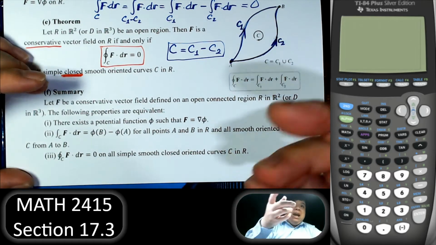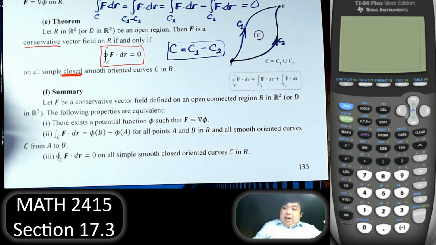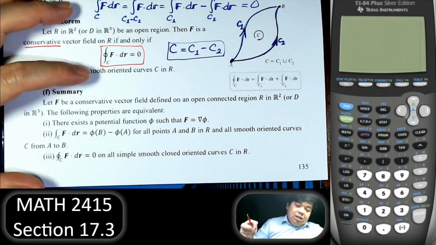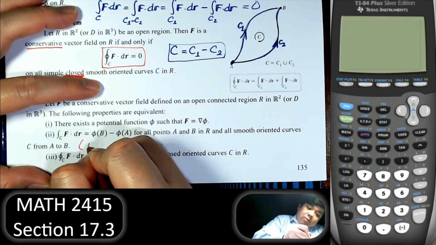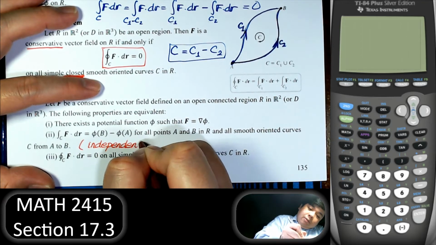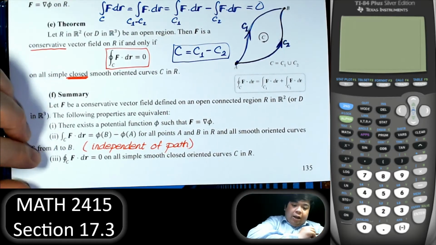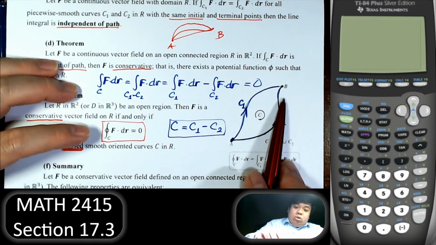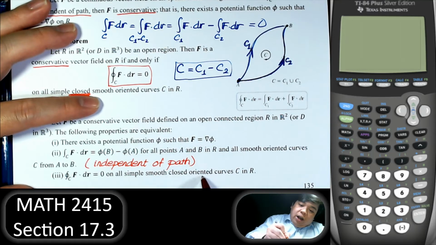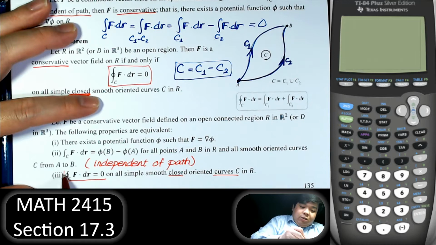It doesn't matter how we go from A to B. It just matters that we start from A and end at B. And if it is independent of path, as we showed, then the line integral along any closed curve is equal to 0.